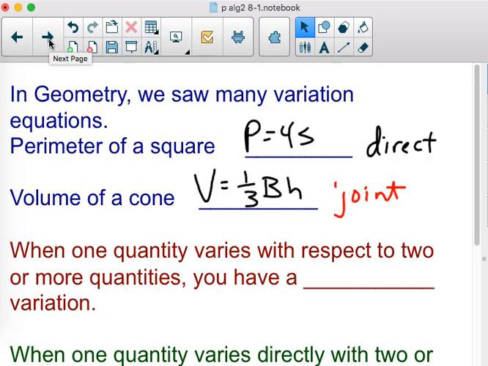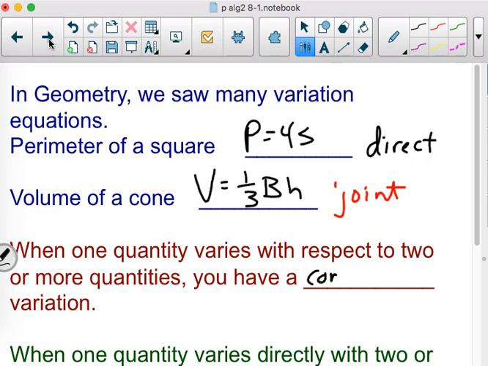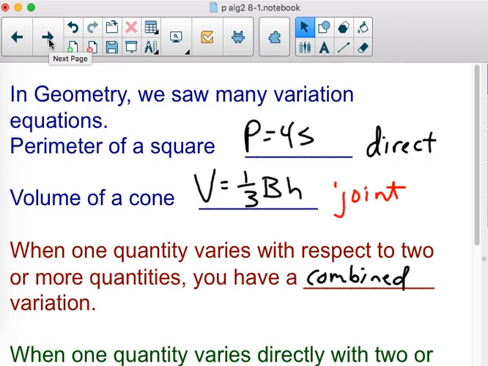Now, notice we're getting more letters. When we get more letters, there has to be a fancy name for that. So when one quantity varies with respect to 2 or more, so we're talking about 3, 4, 5, we will have something called a combined variation, because we're combining things. Multiple variables, more than 2.